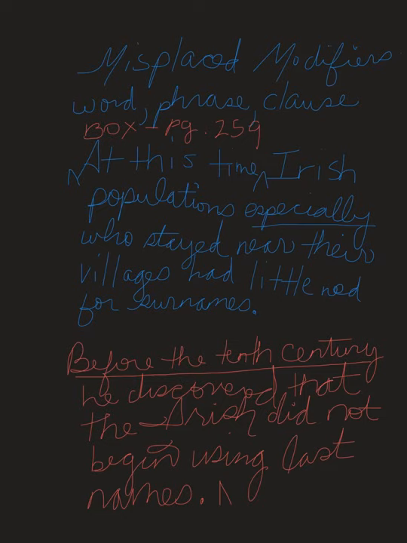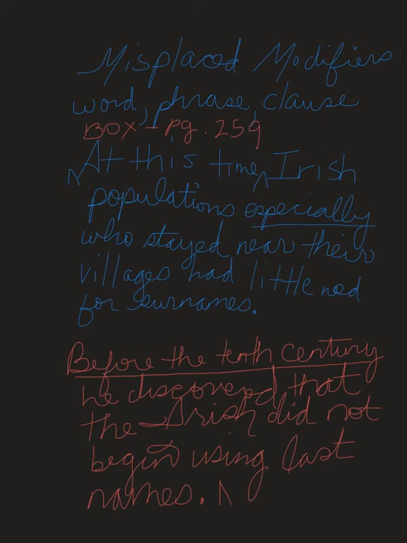We could put it at the beginning of the sentence and say, "Especially at this time," or we could put it after the prepositional phrase: "At this time, especially Irish populations." I kind of like it at the beginning better, but either one of those would be okay.